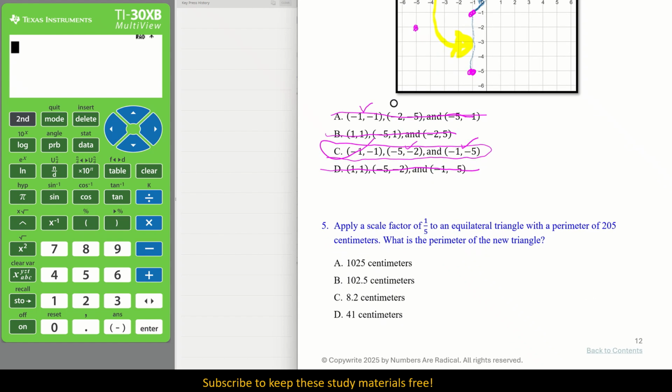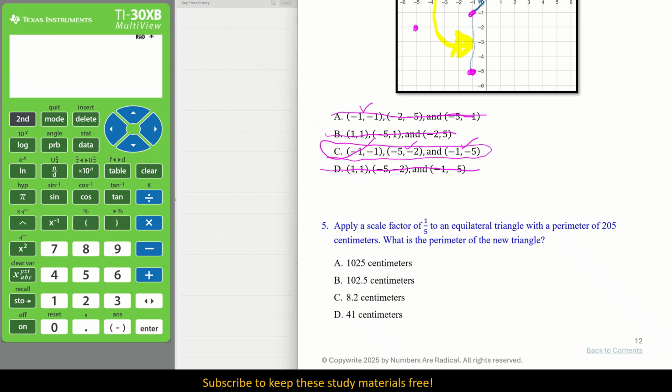Number 5, apply the scale factor of 1/5 to an equilateral triangle with a perimeter of 205 centimeters. What is the perimeter of the new triangle? Well, they've calculated the perimeter for us, so that's super convenient.